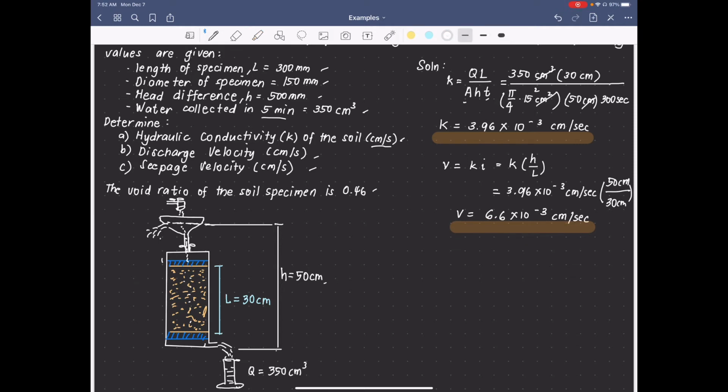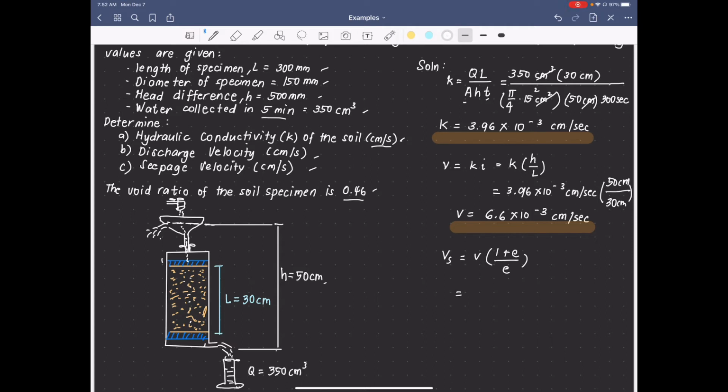Then the seepage velocity is denoted as V sub S. And there is a derived relationship between the seepage velocity and the discharge velocity that can be found in the book. That would be equal to V multiplied by (1 plus e) divided by e. So this is a function of the void ratio, and the void ratio is given to be 0.46.